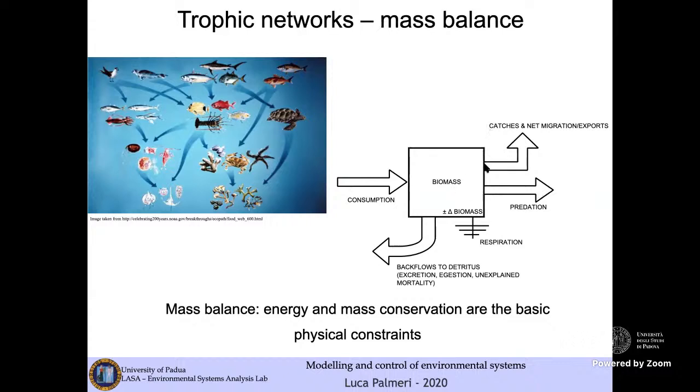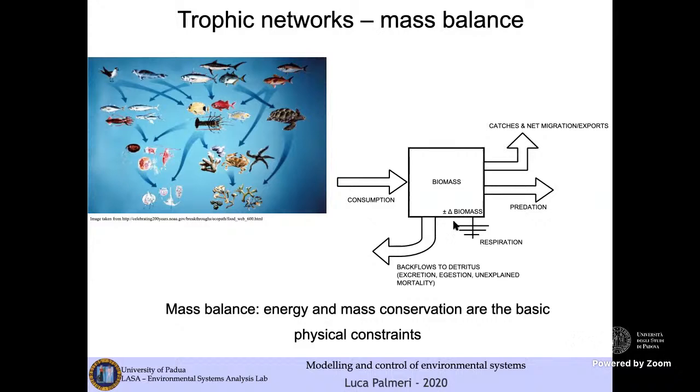Then we have some more flows that might be of interest, especially if you are dealing with sea ecosystems in which there is a significant anthropic impact. For example, you may include catches. So these are catches by fishing activity that take away part of the biomass, and net migration exports. This is due to the fact that some of these creatures possess free will, so they may decide that they do not like to stay here and they prefer to move somewhere else.